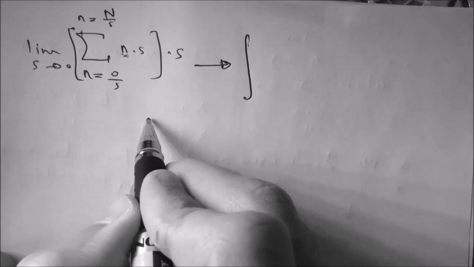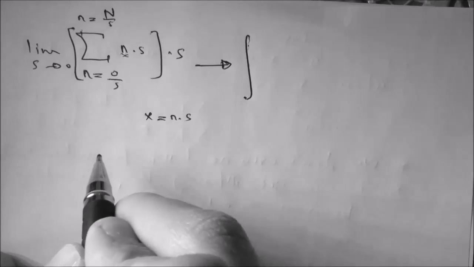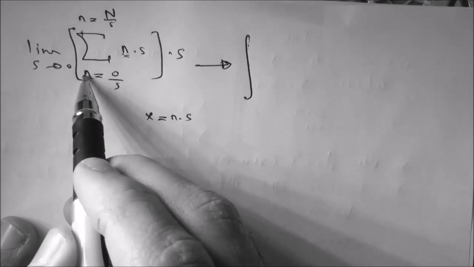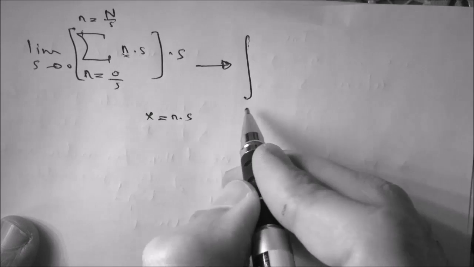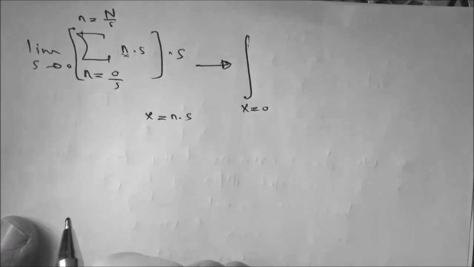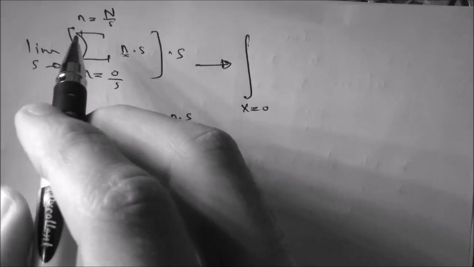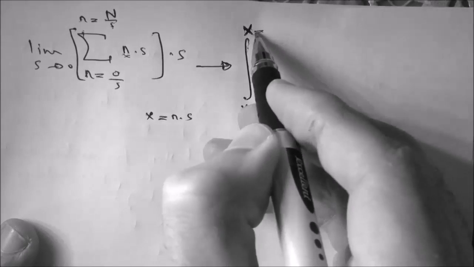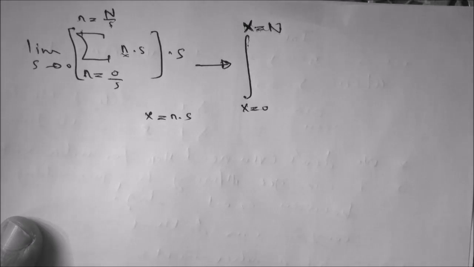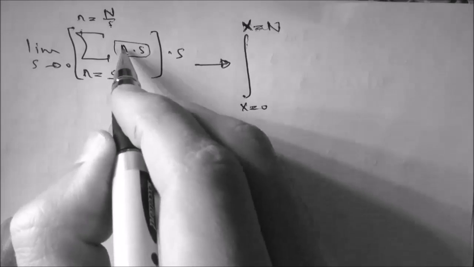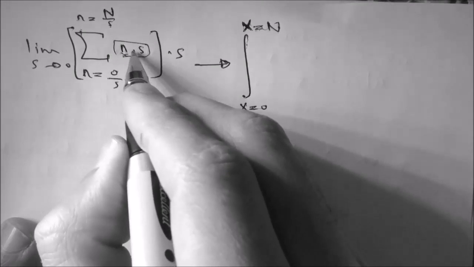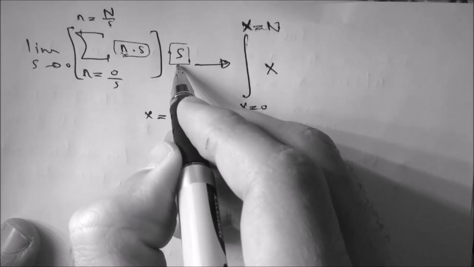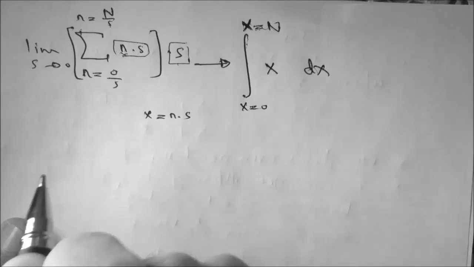We agreed that x equals n times s. So to start from the same point as the summation, which starts from n equals 0 over s, x starts from 0. It ends with n equals n over s, which is equivalent to x equals n. For the function, in this case n times s, which is x, and this small number again, we said it's dx.